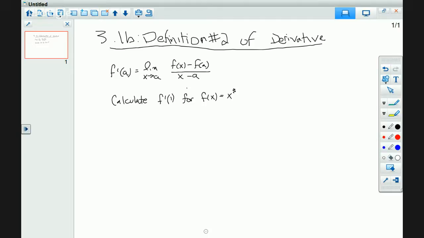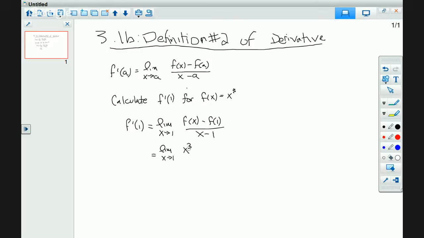So we're going to plug in the definition here. A is 1, so everywhere there's an A, we put in 1. I write it in a few steps the first few times for you, just so you know that.